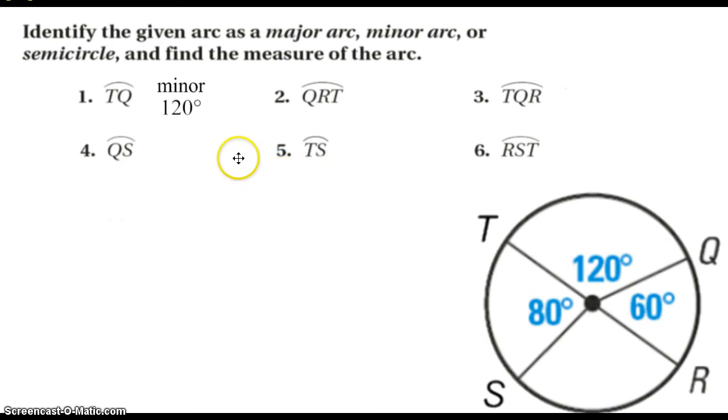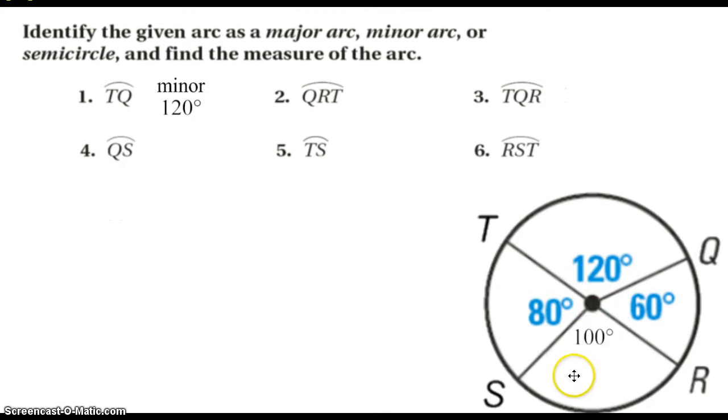QS, or I'm sorry, let's do QRT. It doesn't really matter, but if I do Q to R all the way to T, I need this. So how am I going to find what this degrees is? Hopefully you realize that if an entire circle has to be 360 degrees, then all of these must add up.